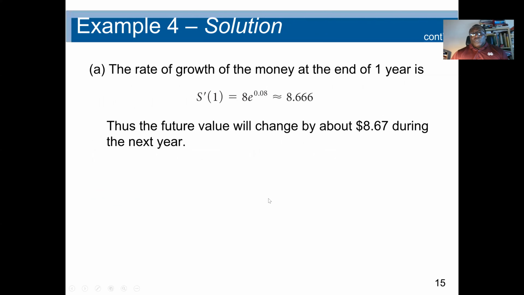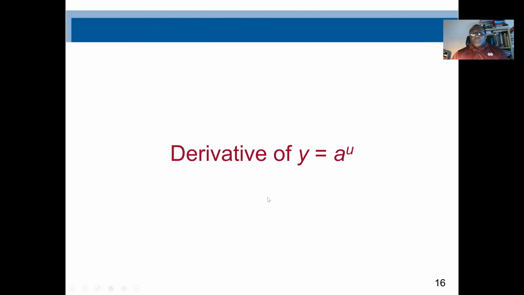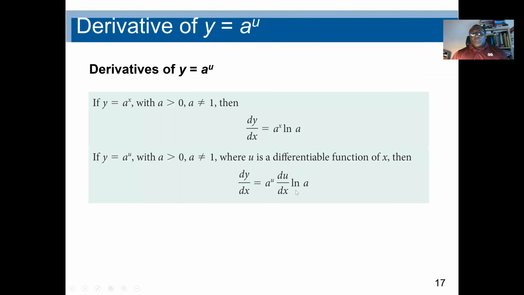So now let's go to the next step, which is finding the derivative of y equals a to the power u. Remember previously we were using the exponential e. Now a to the power u. First we set a rule here. If y equals a to the power x, we want to make sure a is greater than 0, which means a shouldn't be a negative value.